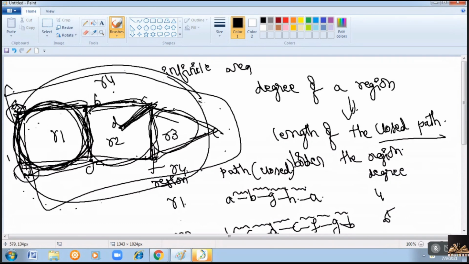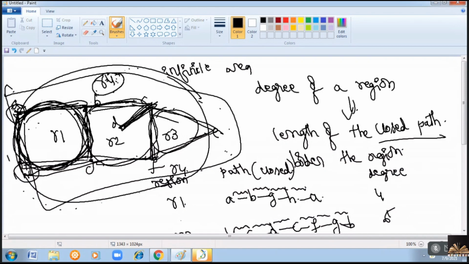This is infinite. But what does the degree mean? It is the length, or with how many vertices or how many edges the region is bordered. That is the degree. What exactly does the exterior region mean? The area of this exterior region is infinite because it is on the plane. The remaining area of the plane we call the exterior region.